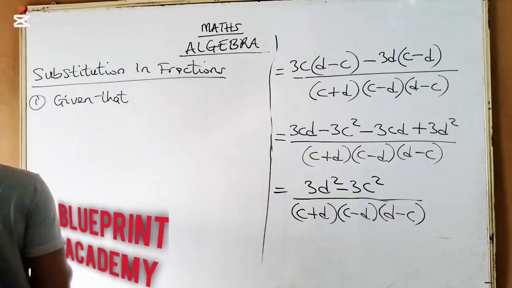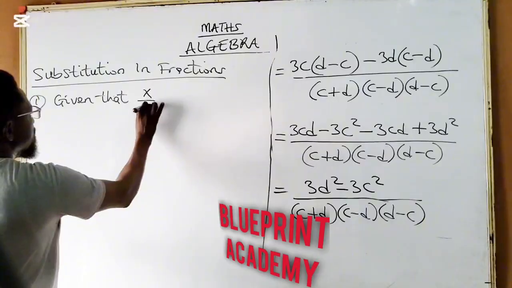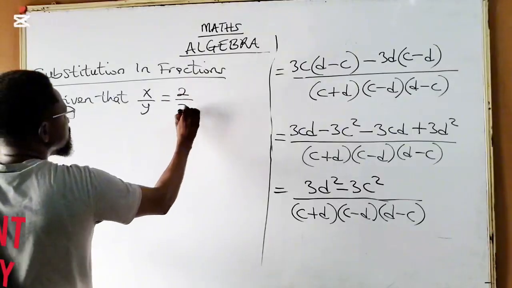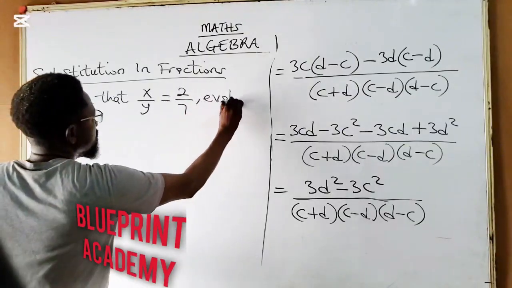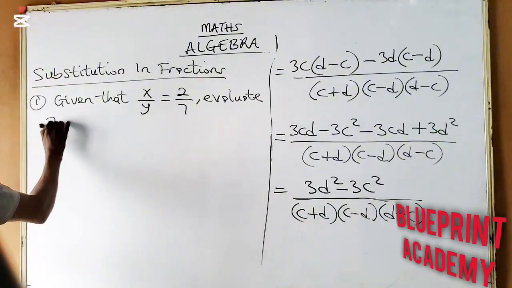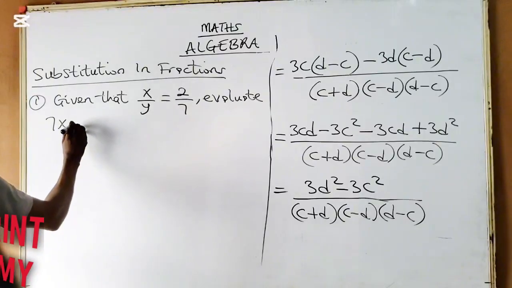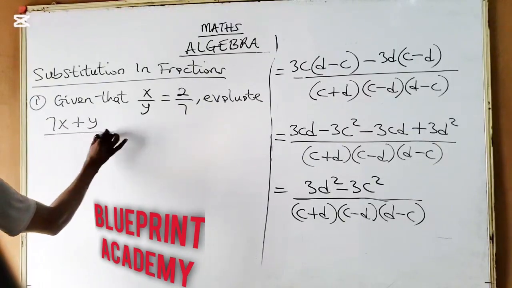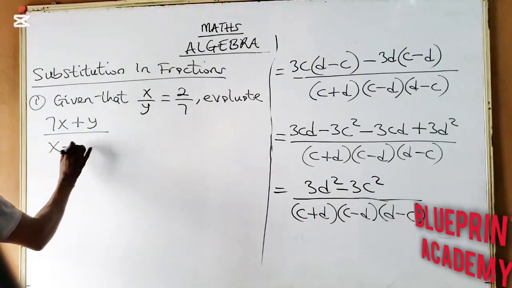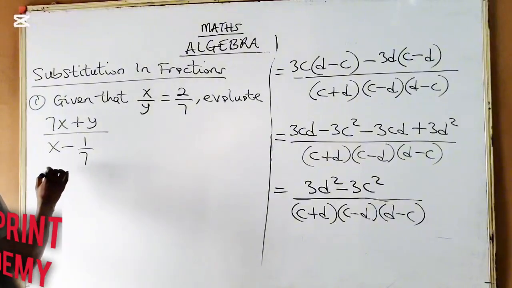Given that x over y equal to 2 over 7, evaluate 7x plus y all over x minus 1 over 7 what?